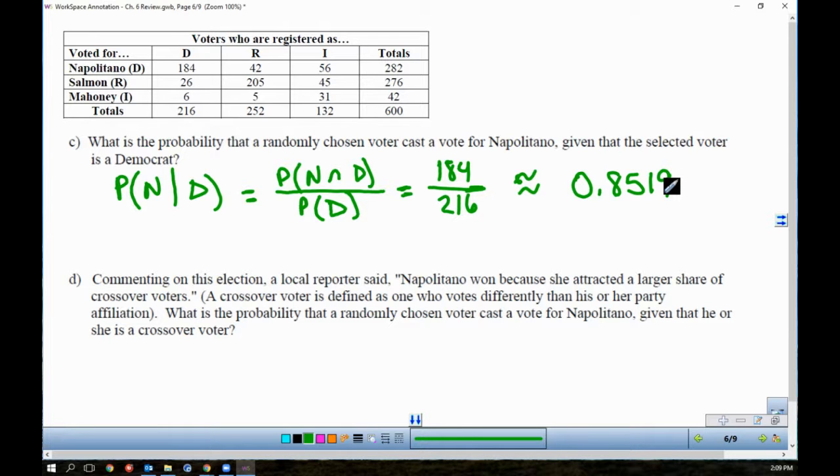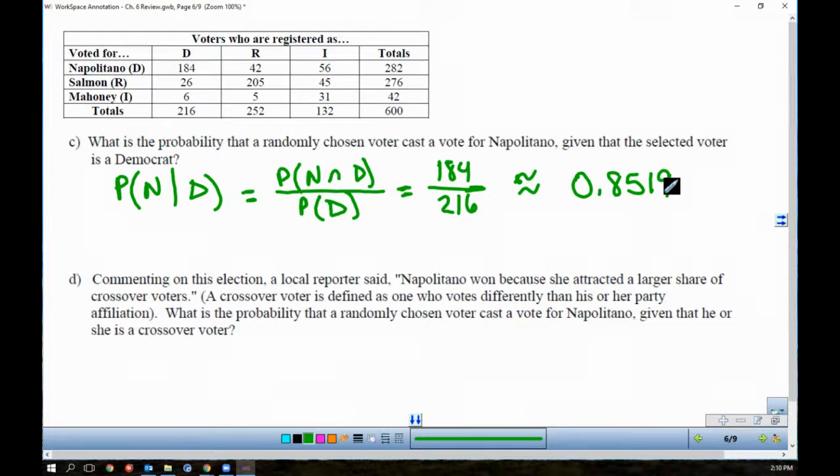Okay. So, commenting on this election, a local reporter said Napolitano won because she attracted a larger share of crossover voters. In case you didn't know what a crossover voter was, the definition is included.